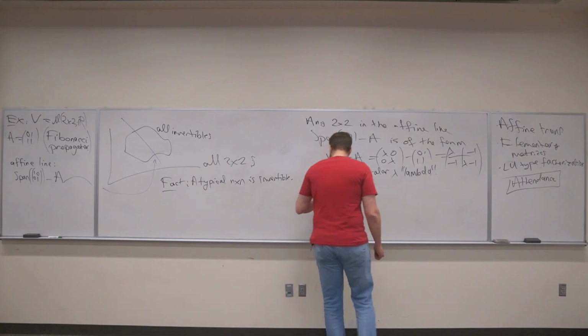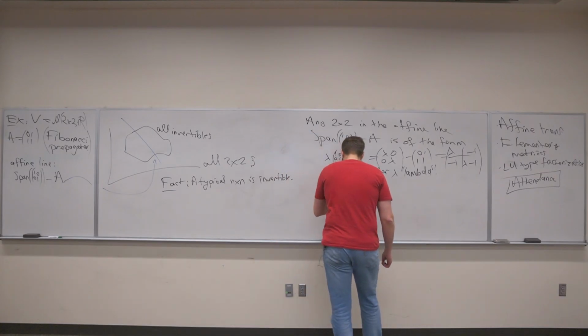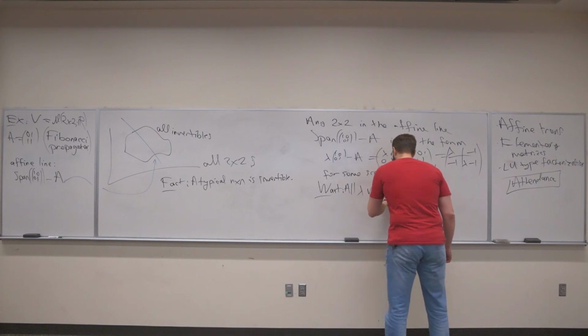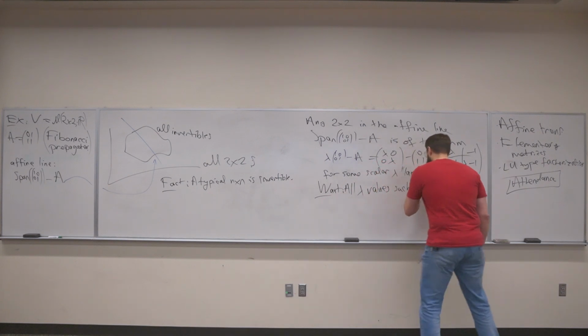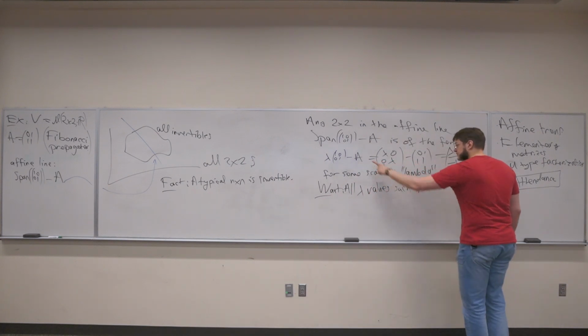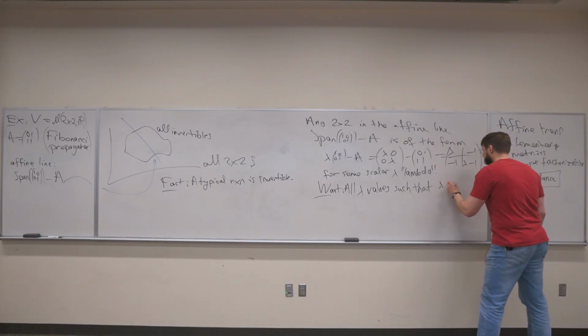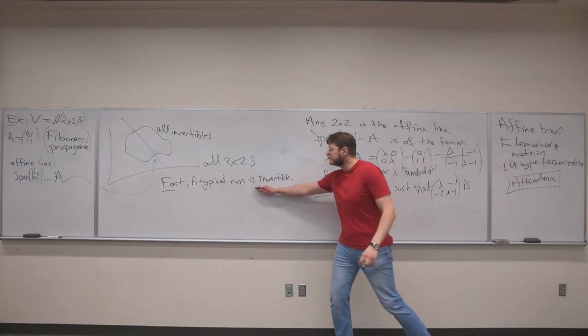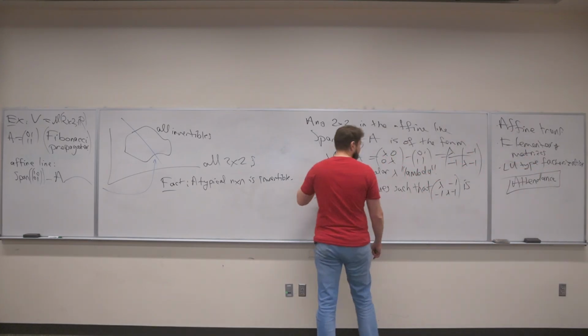So I want all lambda values such that this matrix, lambda minus 1, lambda minus 1, is not invertible. Because most matrices are invertible, I want to look at exceptions.